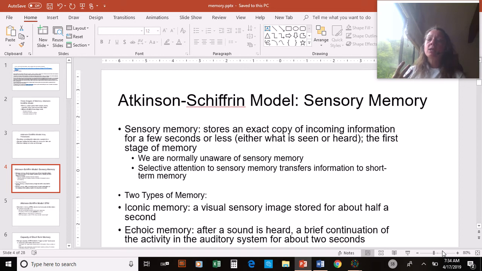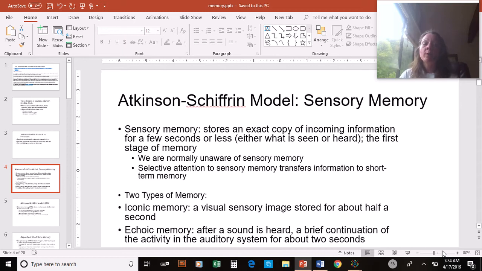It's only the selective and meaningful stuff that starts to get transferred to short-term memory. Since sensory memory is largely based on what we see or hear, I would say taste might be another one too, but we'll stick with auditory and visual.